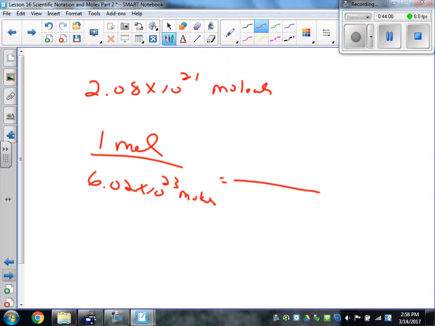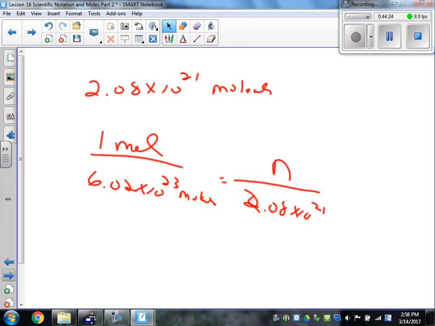Bottom, right? That's molecules. This is molecules down here. So I want to put 2.08 times 10 to the 21, and I want to solve for n. Or you can put an x there, if you really want to, but n is what we use to refer to moles. Cross multiply and solve. This one, you're not going to be able to just multiply. You have to divide, so you need brackets. Those are the 2 types of questions we're looking at. Okay? Good. All right, I'm going to be quiet now.